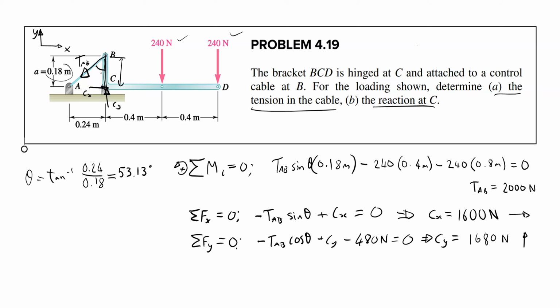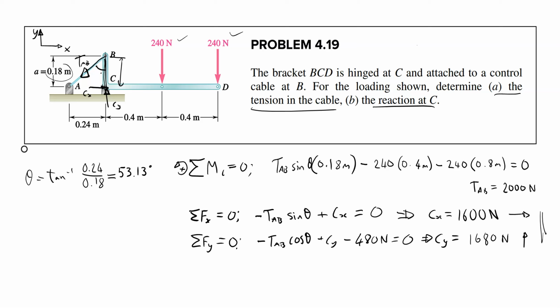There we go. Okay, so next thing we've got to do is resolve that, find the direction of the overall force at C by doing the Pythagorean theorem using these two components. And then we can also do the inverse tangent to find the angle. So again, pause the video and have a go at that right now.